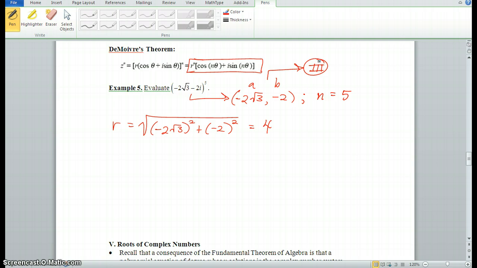Okay, so understanding again what this right triangle looks like in terms of not just the respective sides, opposite, adjacent, but also, of course, the appropriate quadrant. Okay, so let's go ahead and calculate theta as well here. Remember, theta can be calculated by taking the inverse tangent of opposite over adjacent, or in this case, b divided by a.